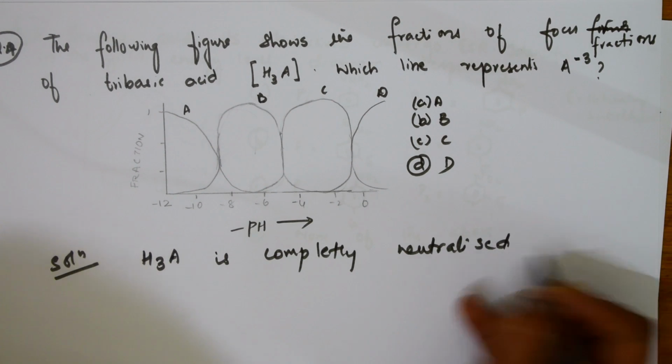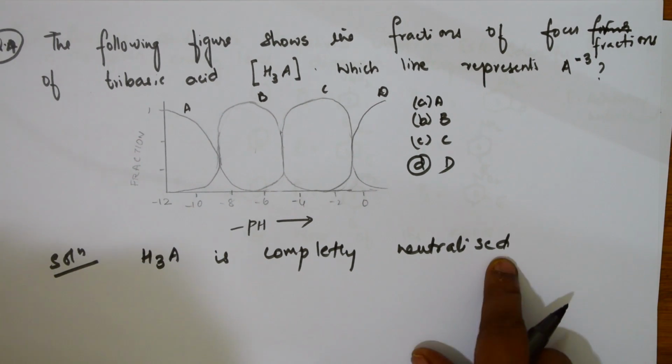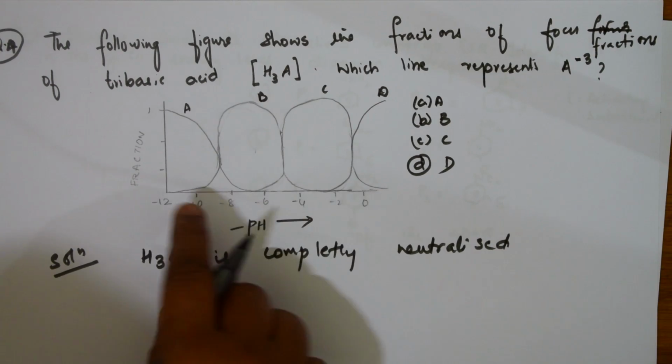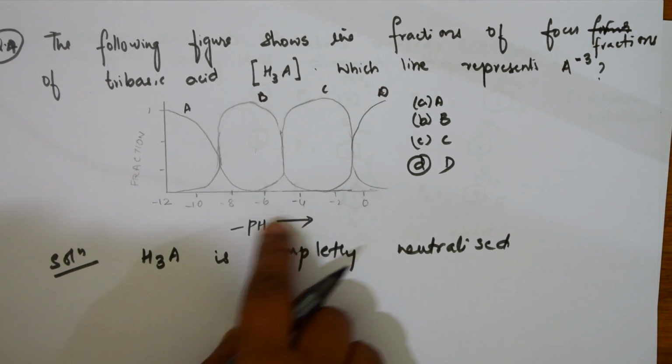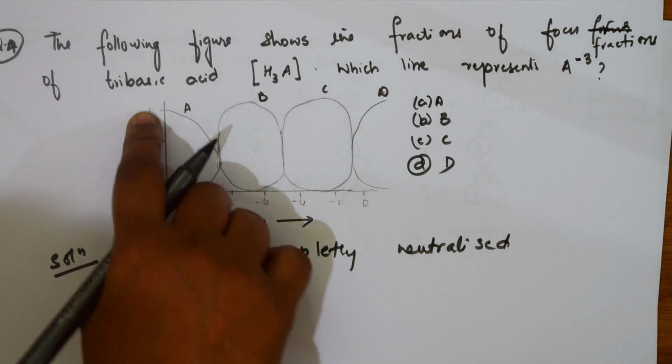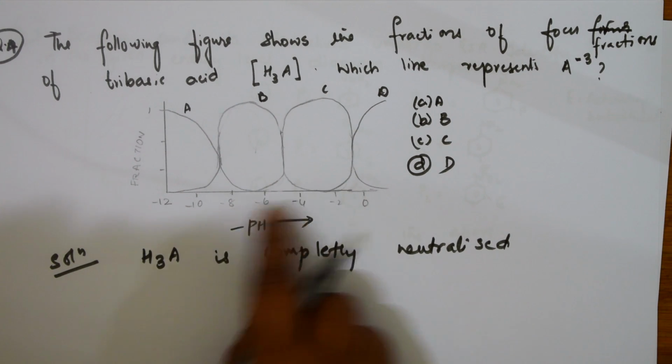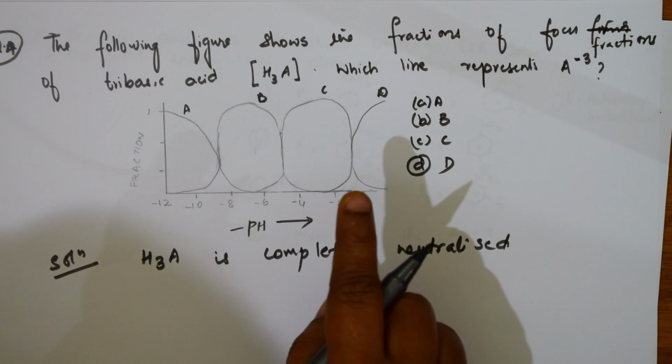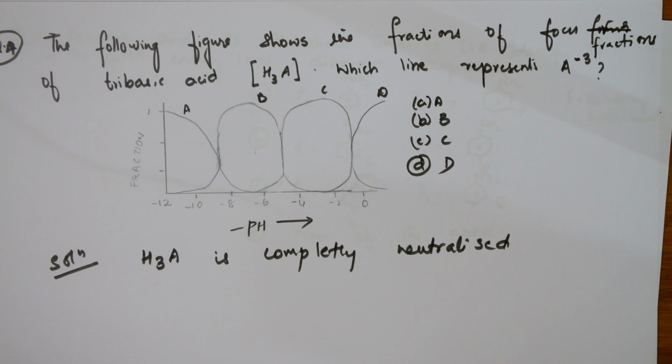Once it is neutralized, whichever solution has the highest pH, this is the pH value on the x-axis and this is the fraction, that would be the point, and that line represents A minus 3.